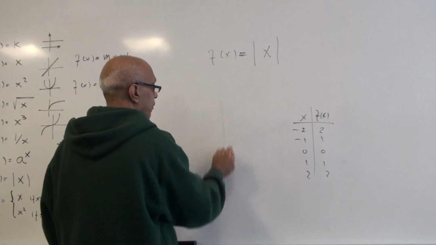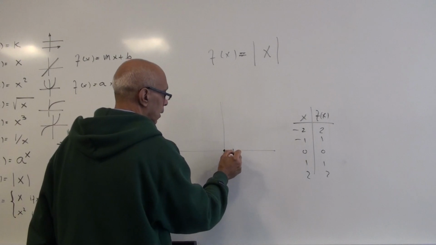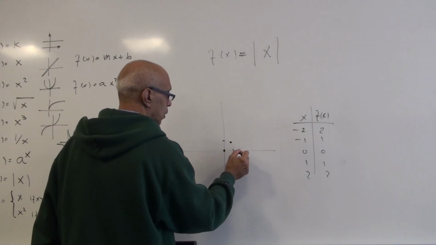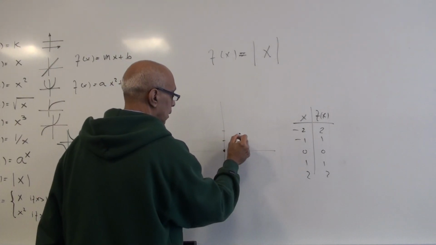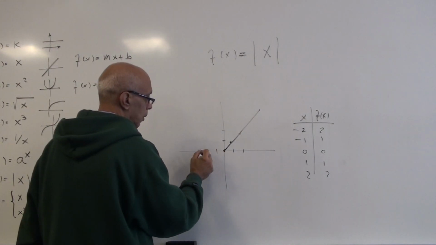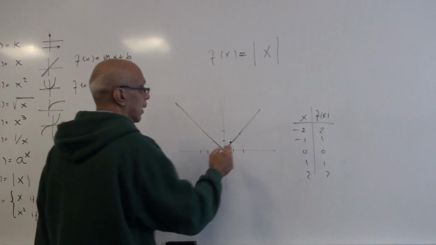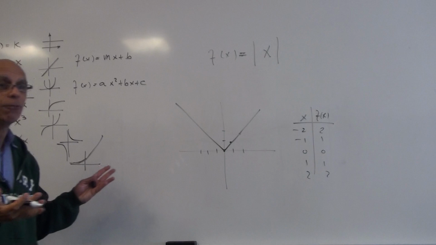When we graph that, we are amazed to find that this function is a straight line on this side, and on the other side, it's also another line. So it's a V of victory, okay?